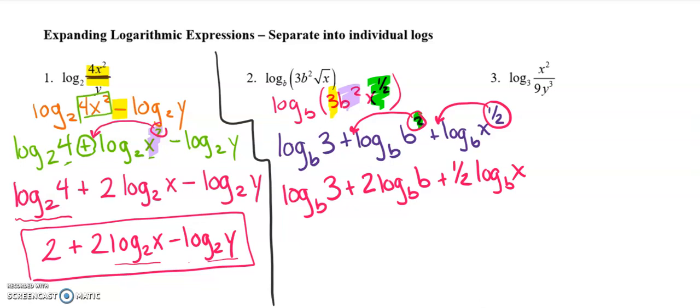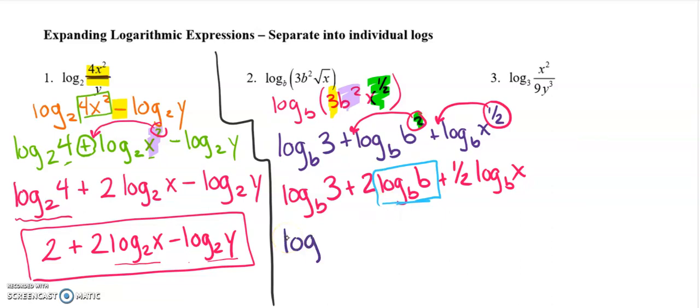Now if we look at this middle one here, log base b of b, what is log base b of b? That says b to what power is b? This is just 1.